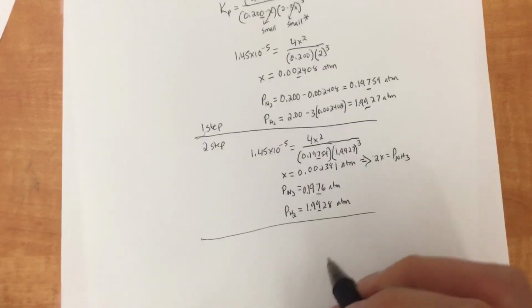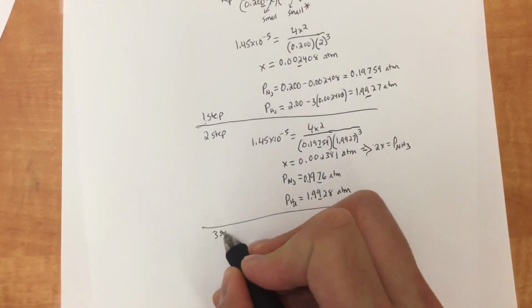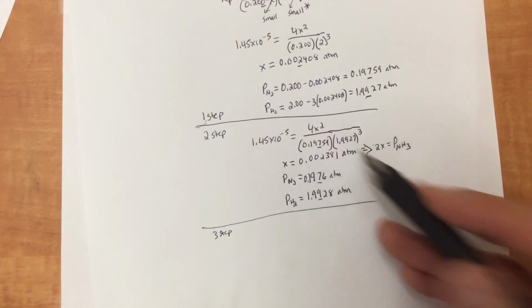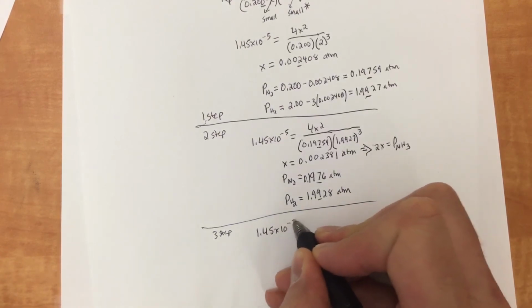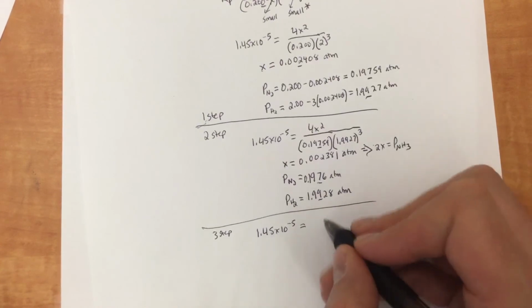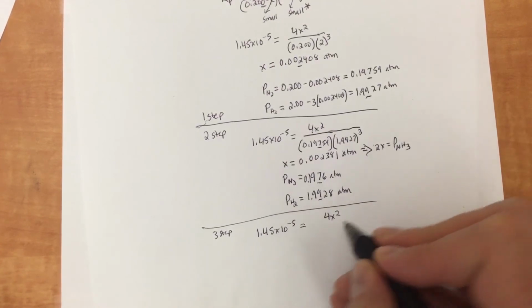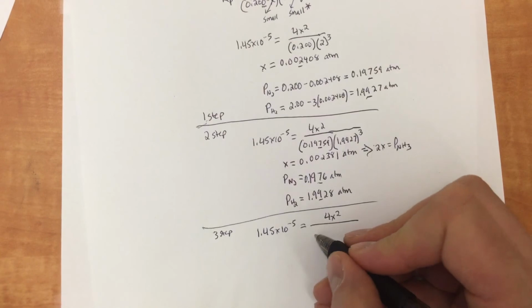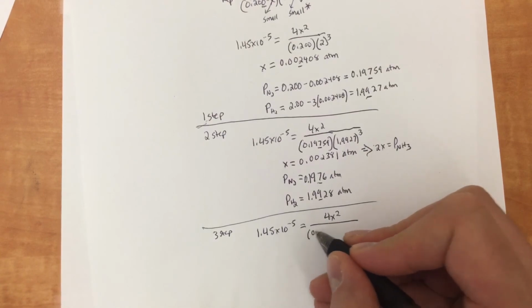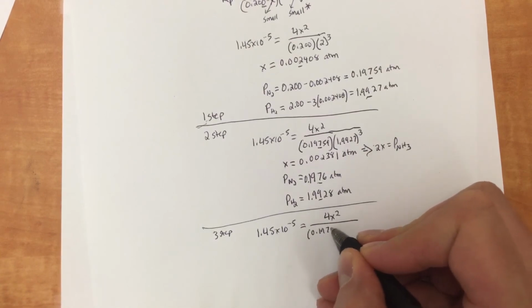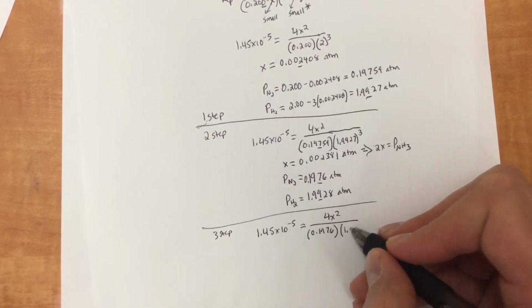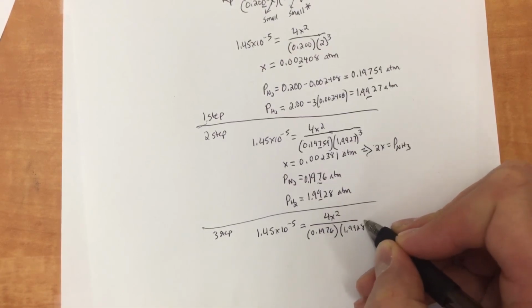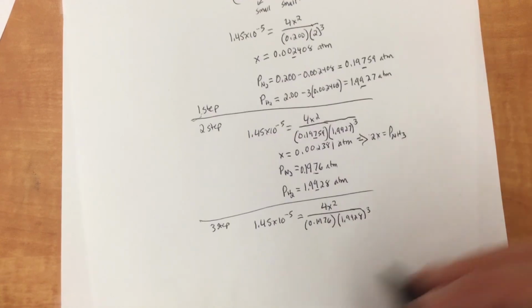So let's do a third step here. We're going to take the values we calculated here and put them back into this reaction: 1.45 times 10 to the minus 5th. And we're going to keep on doing this until our values stop changing. I'll give you a hint, this will be the last time. 0.1976 times 1.9928 cubed.